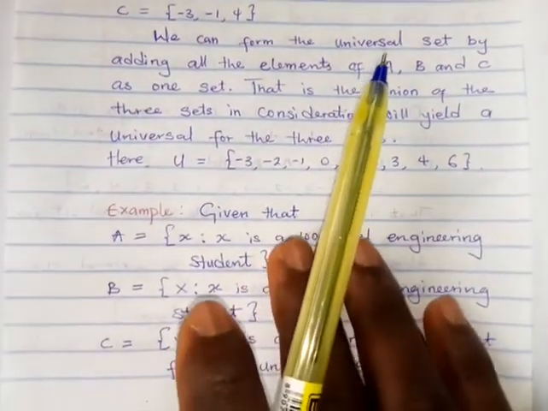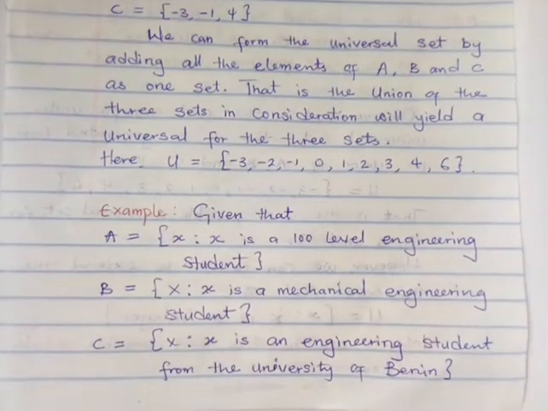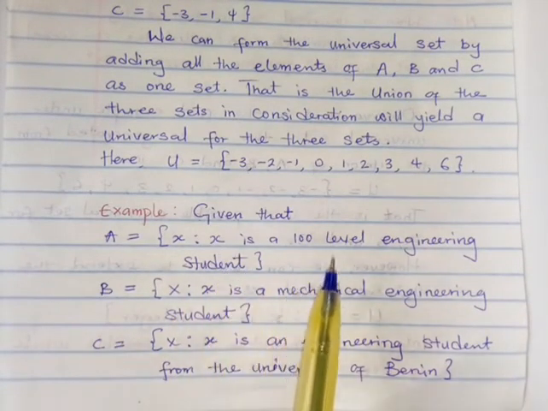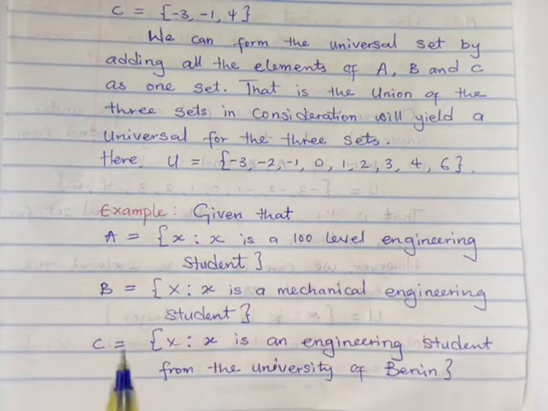Okay, so we'll proceed to the second example. Given that A is equal to {S: S is a 100 level engineering student}, then set B equal to {S: S is a mechanical engineering student}, then set C equal to {S: S is an engineering student from the University of Benin}.